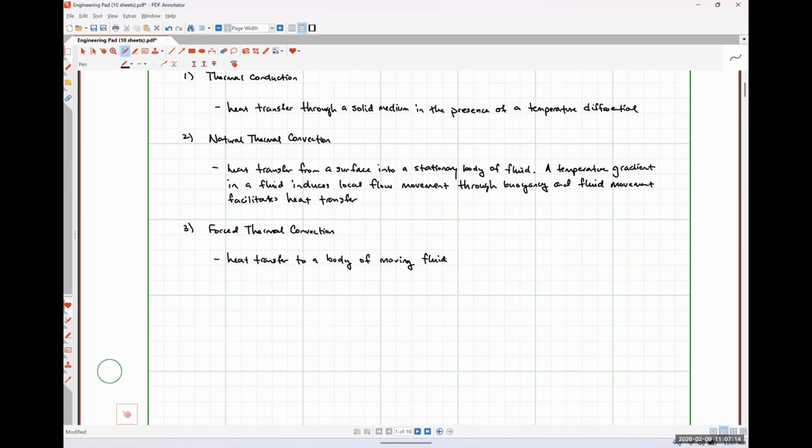And what we'll find is that the bulk fluid movement provides enhanced heat transfer as compared to natural thermal convection.